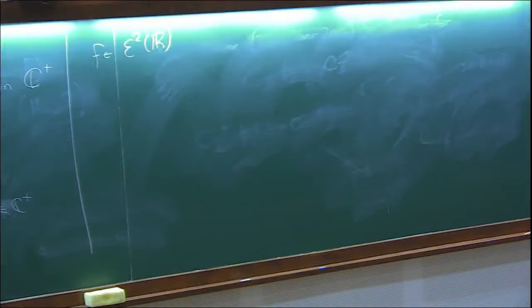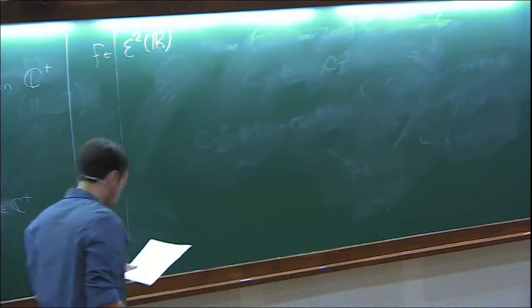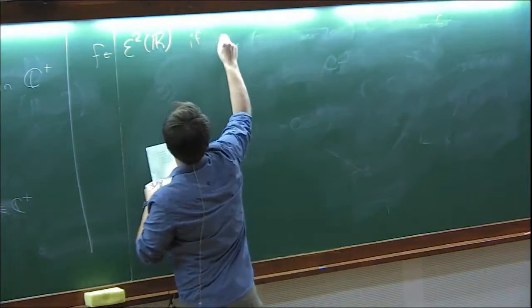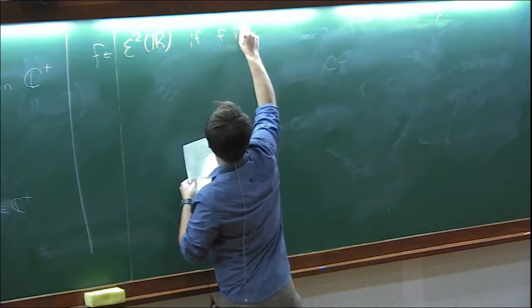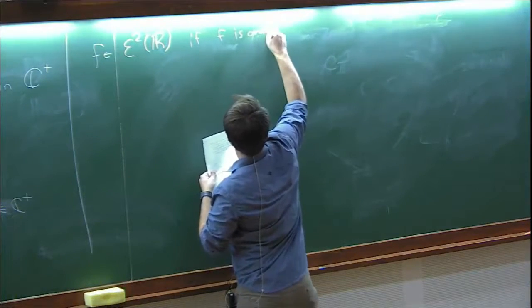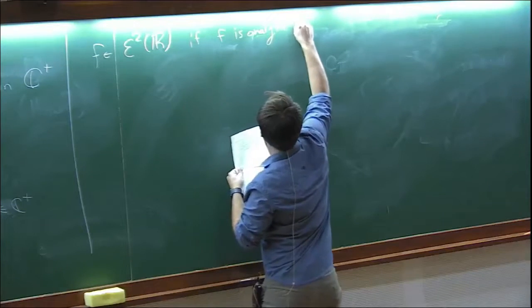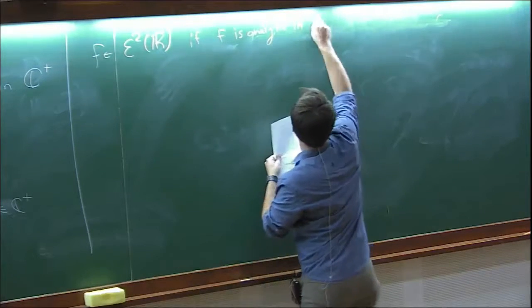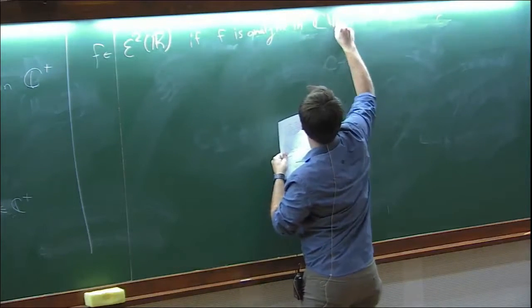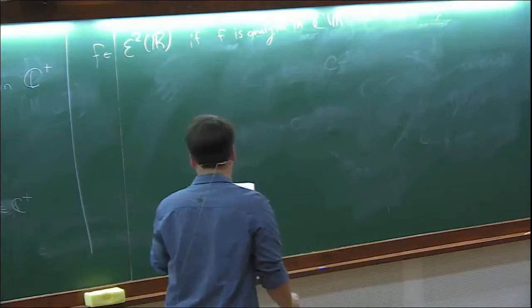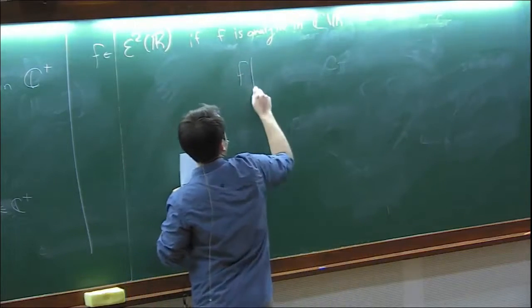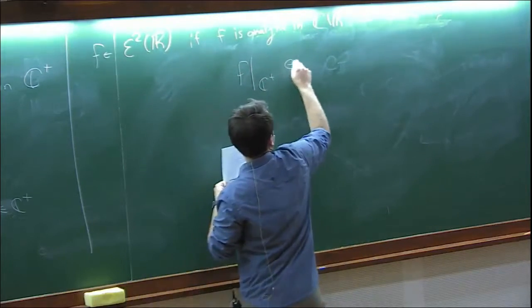Now I'll talk about E2 of a contour. What does that mean? This is if f is analytic in C, take away the contour, and F restricted to C plus is in E2.